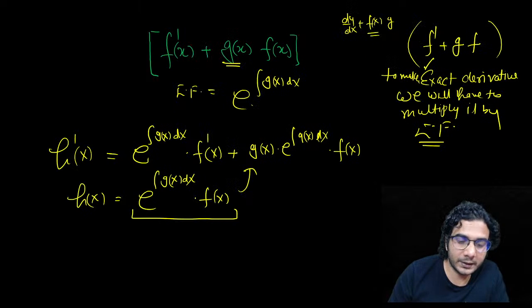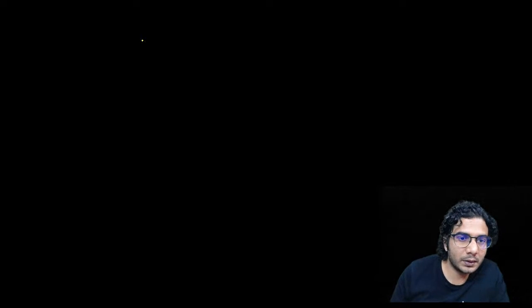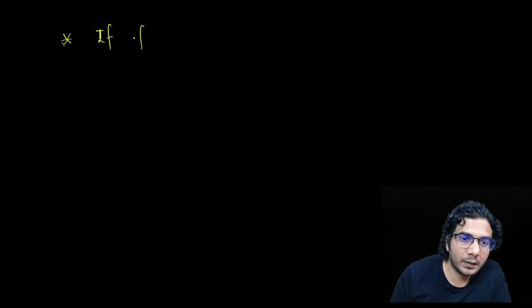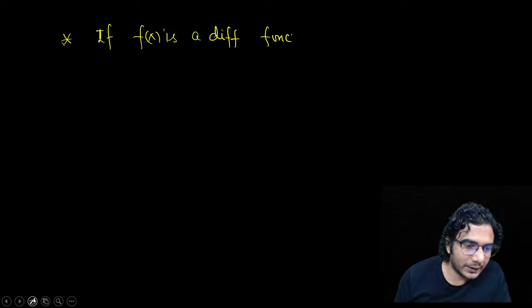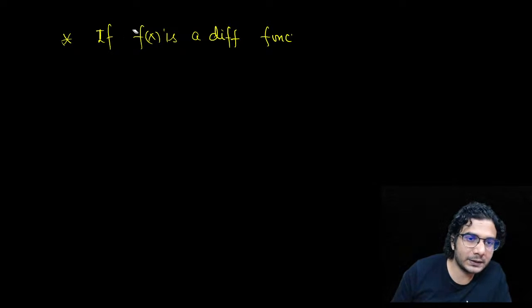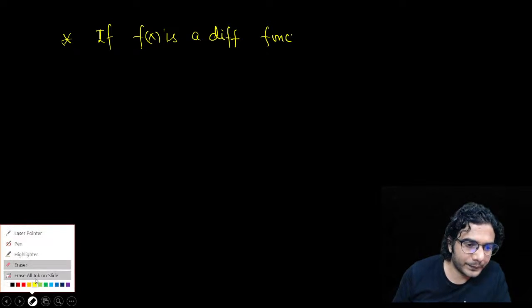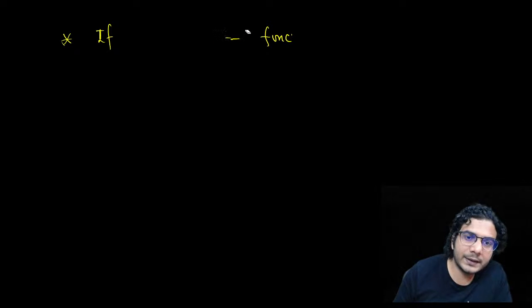Okay, so you got that method. Now I'll give you one more. If fx is a differentiable function... let me test first what I just taught. Okay, let's do it in this itself. I'm giving another example of the same kind.